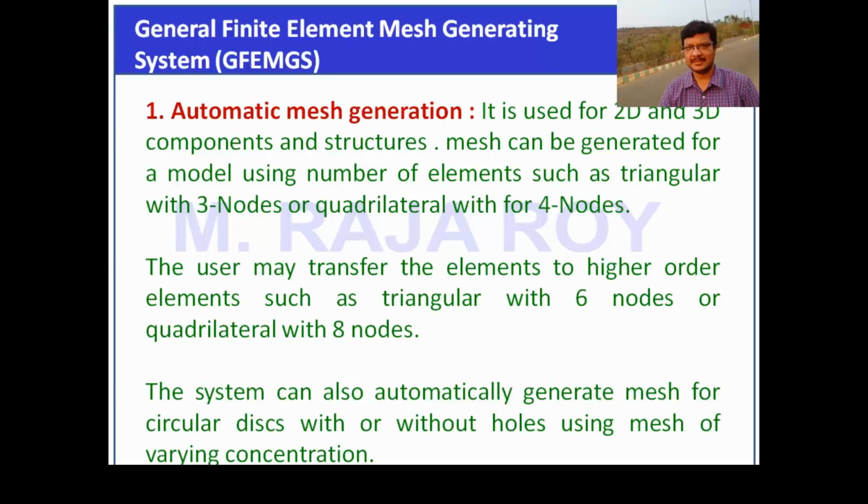Mesh can be generated for a model using a number of elements such as triangular with 3 nodes or quadrilateral with 4 nodes. The user may transfer the elements to higher order elements such as triangular with 6 nodes or quadrilateral with 8 nodes. The system can also automatically generate mesh for circular disks with or without holes using mesh of varying concentration.